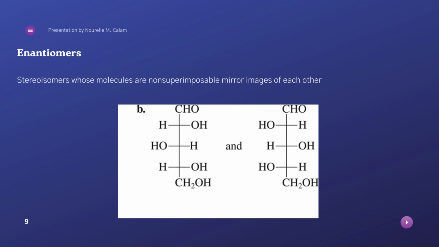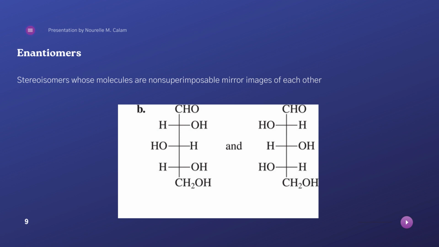In this example, you can see that these two molecules have the same components, right? They have the same group attached to their carbons. You can see both an H and an OH attached to their three chiral centers. However, makita ninyo na at their chiral centers, the groups mirror one another.